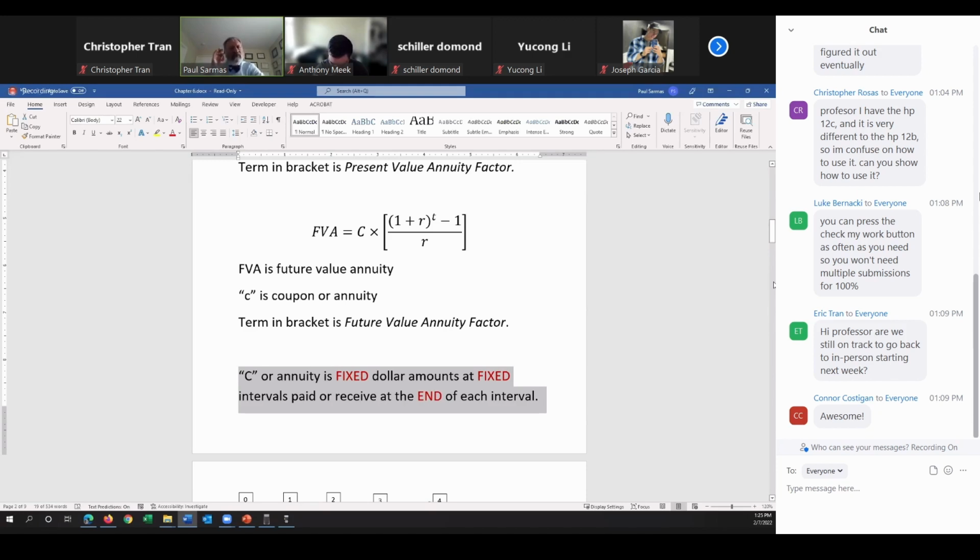That is very, very important. All three conditions must exist for you to have annuity. Fixed dollar amount at fixed interval, $100 per year, paid or received at the end of each interval, at the end of each year. Then the cash flows are called annuity.